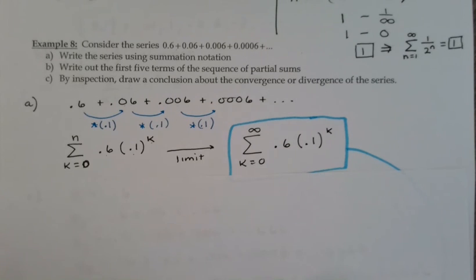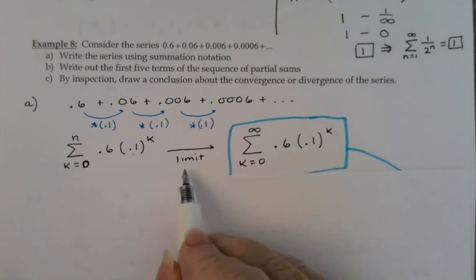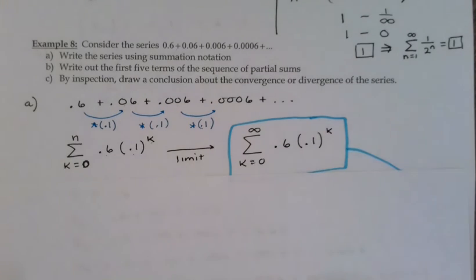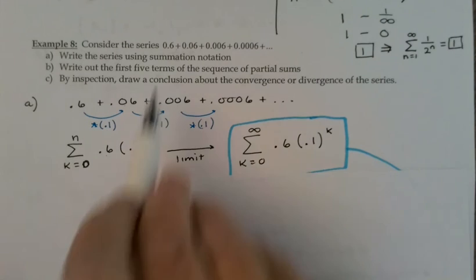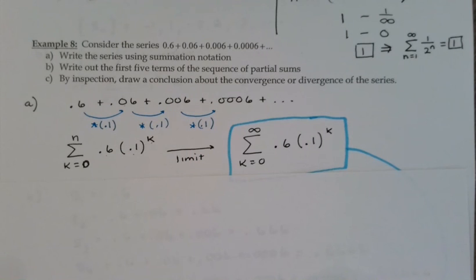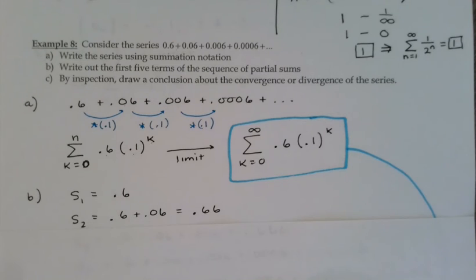Ultimately, I would like to find the limit of this series to determine what this infinite sum is. I'm going to begin to write the sequence of partial sums. S1 is just 0.6. S2 is the sum of the first 2 terms, 0.6 plus 0.06, or 0.66.